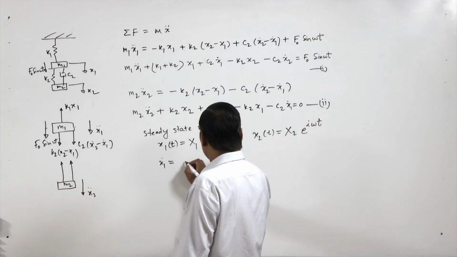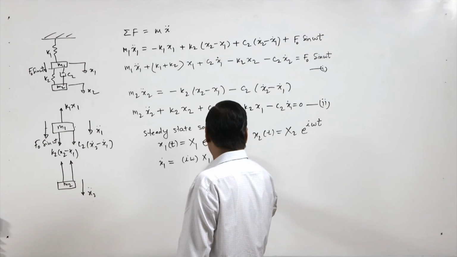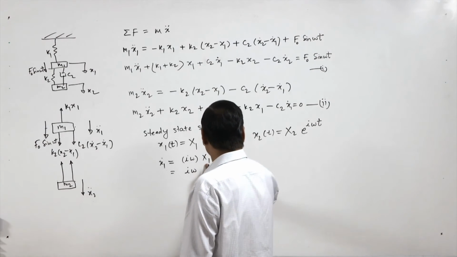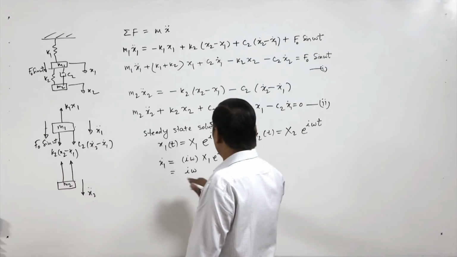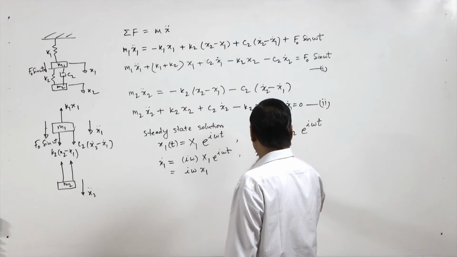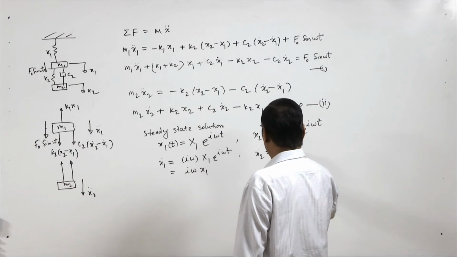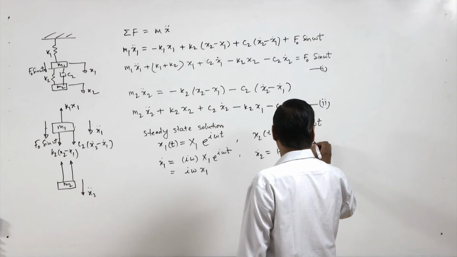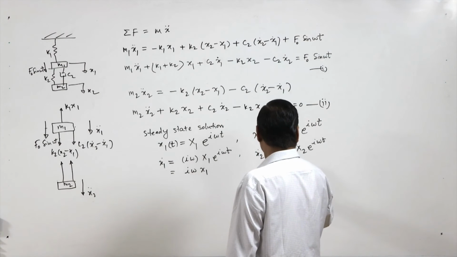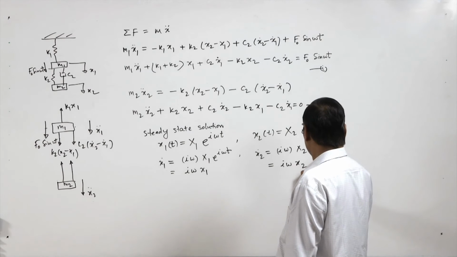So we will get iω X1 e^(iωt). Similarly here x2 dot equals iω X2 e^(iωt).